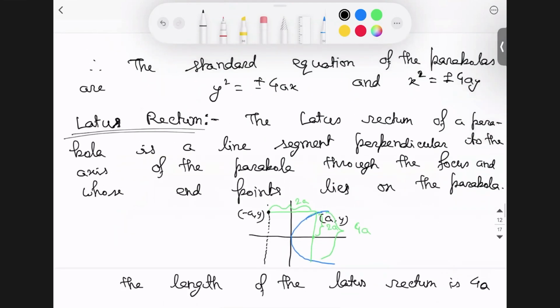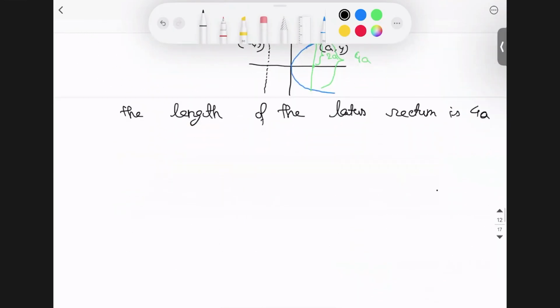Thus we can find the length of a latus rectum. Now the next point is, we can go to some examples.